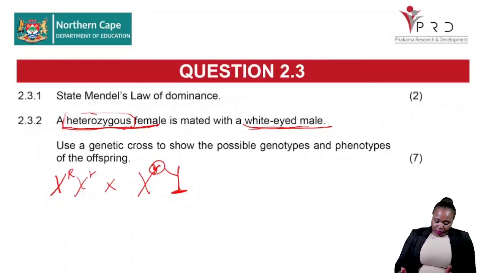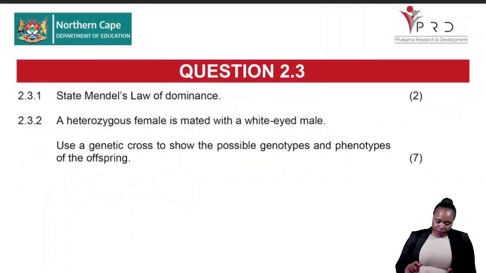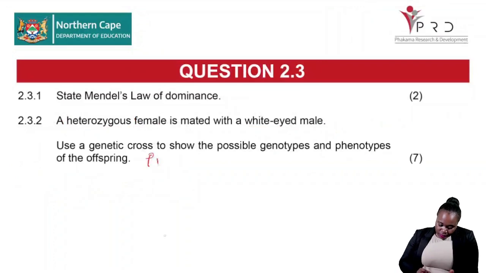Then it says use a genetic cross to show the possible genotypes and phenotypes of the offspring, right? Let's have a complete genetic cross here. Remember, guys, make sure that you write the full cross. So you start with your P1 and your F1 down there, right?